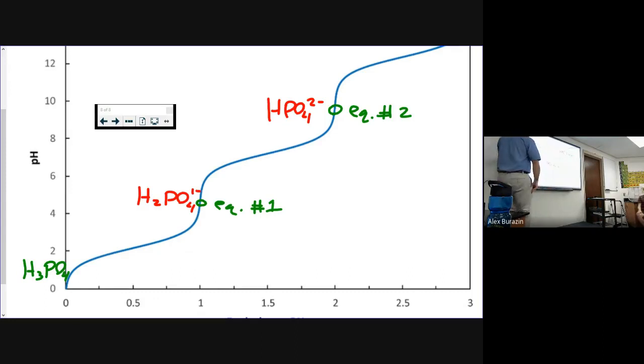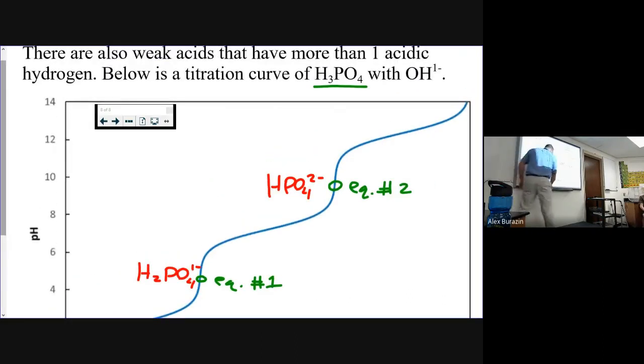And then if I keep on adding more base, I'm going to hit my third equivalence point, which is way up here, a little bit off the graph almost, because I need to get that vertical spot, right? This is the third equivalence point, EQ number 3. And at that spot, I have neutralized all 3 hydrogens off of my phosphoric acid.